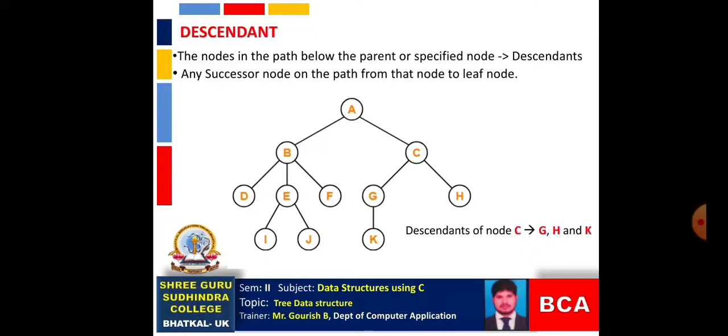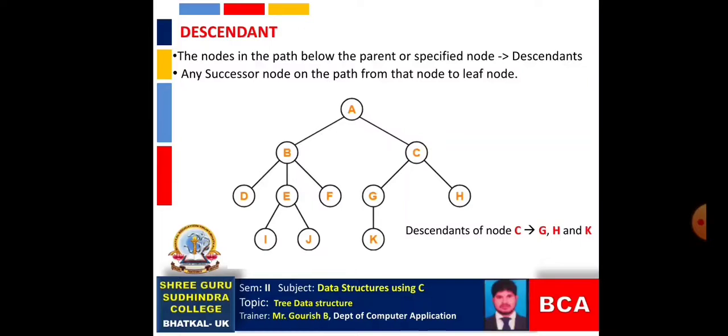Fine. Next, descendant. Descendant means all the successor nodes on the path from that node to the leaf nodes. For example, the descendants of node C are G, H and K. That means we have to count all the successor nodes here.